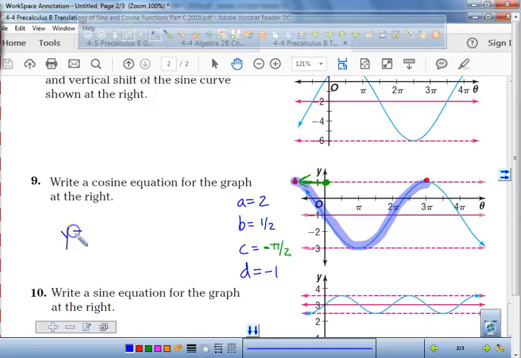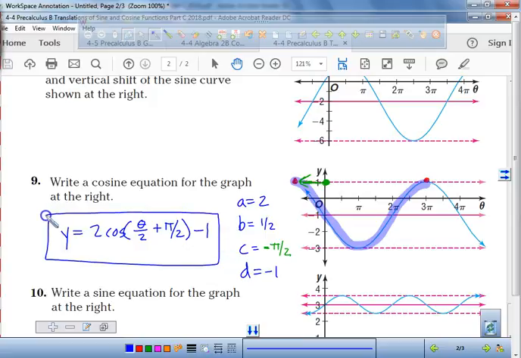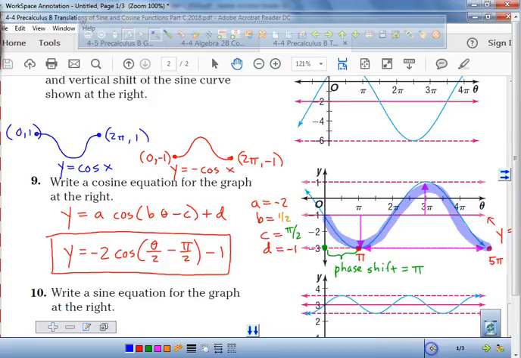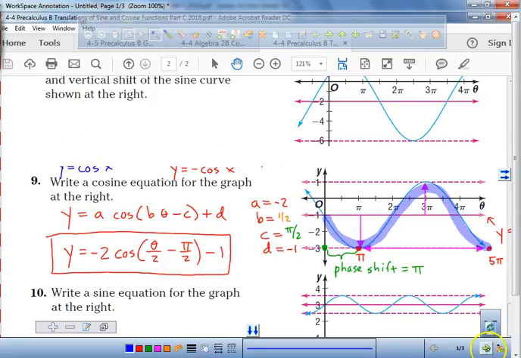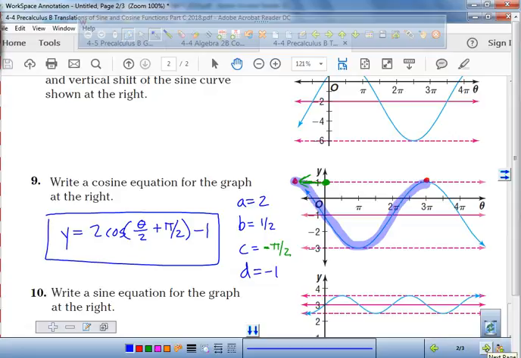We're going to write y equals 2 cosine theta over 2, but instead of saying minus, we're going to say plus pi over 2 minus 1. So this is the other correct answer that you could have gotten if you would have interpreted it as not a negative cosine graph like this one looked, but a positive cosine graph.